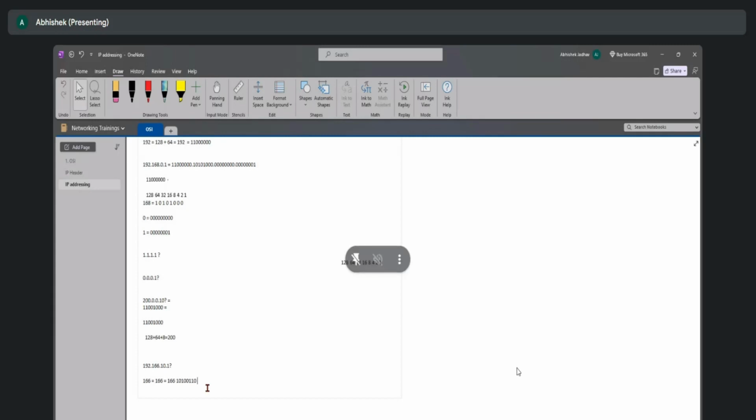Now the important section is the classes of IP address. Based on how many IPs an organization actually requires for their purpose, that was a confusing aspect for the researchers at one point of time.